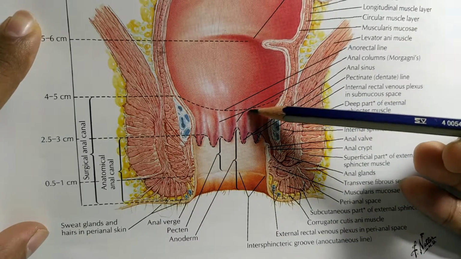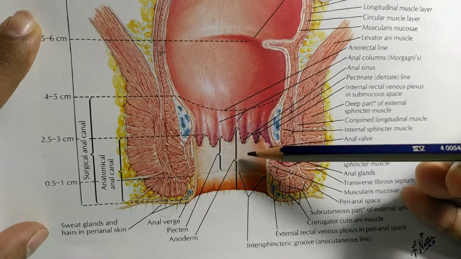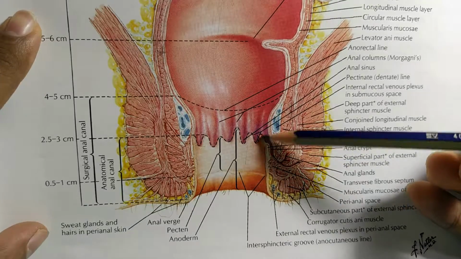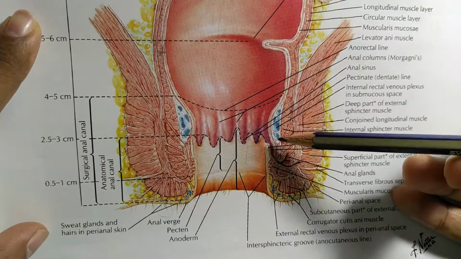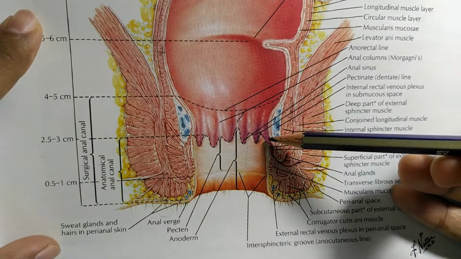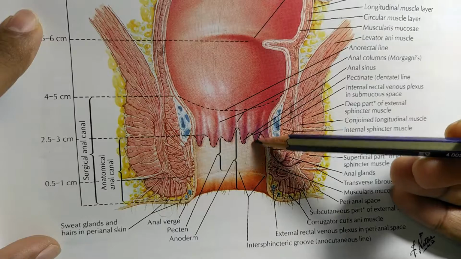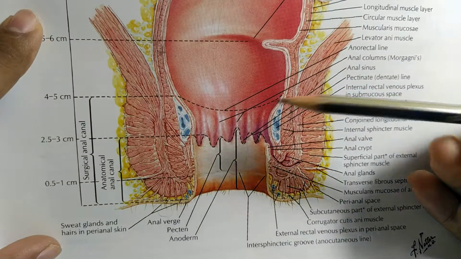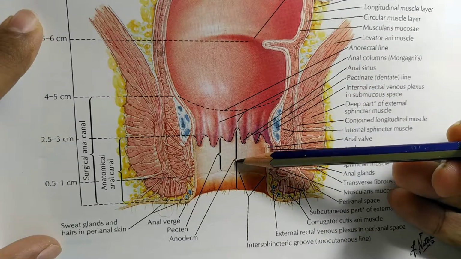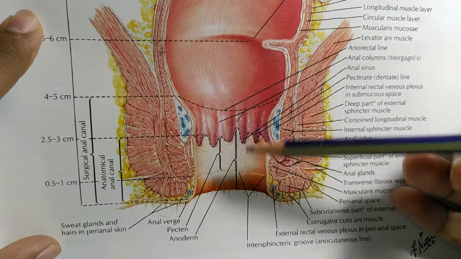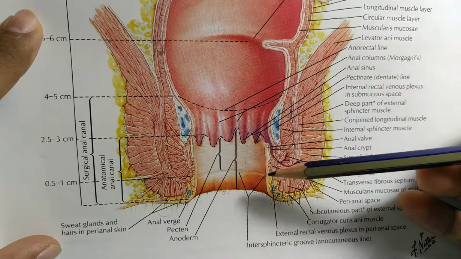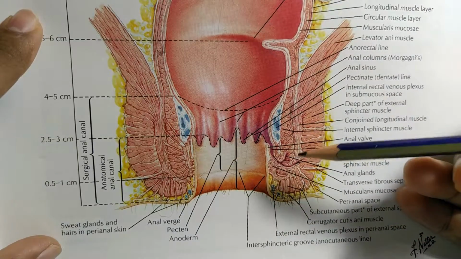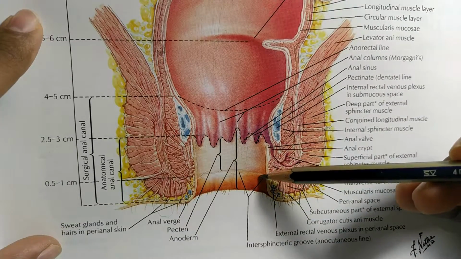When the rectum finishes and the anal canal starts, in between this layer it is called the dentate line or the pectinate line. This is the intermediate area, and lastly it is called Hilton's white line, because it is white in color.